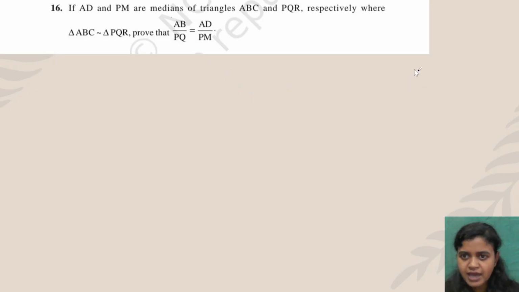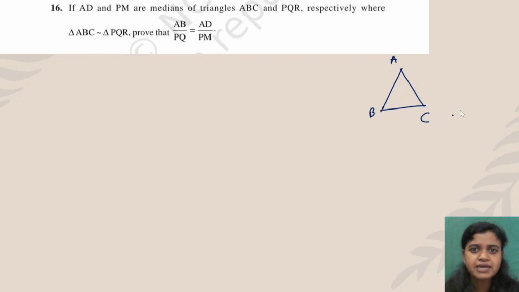So first we have to draw triangle ABC, with A, B and C, and triangle PQR, and AD is the median, and PM is the median.